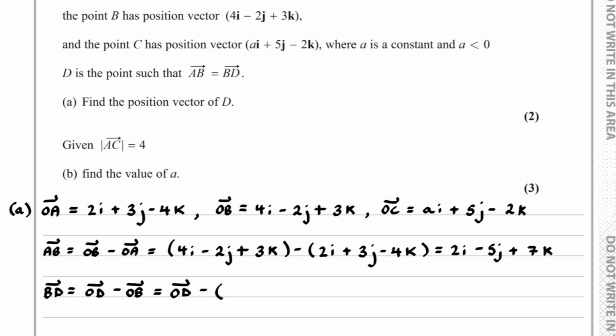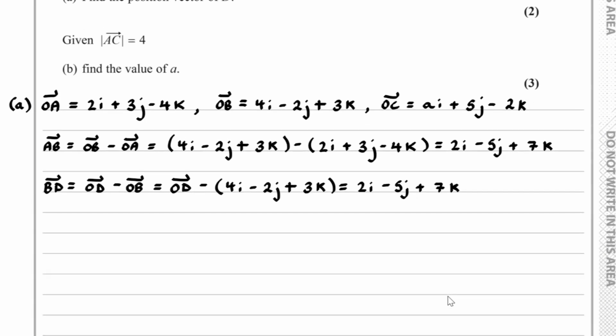Now the vector OB, that is this vector here, and the result of this will equal AB, and that's because of this over here. And so what we need to do is find out what OD is.